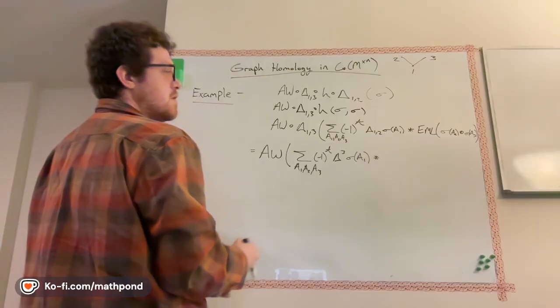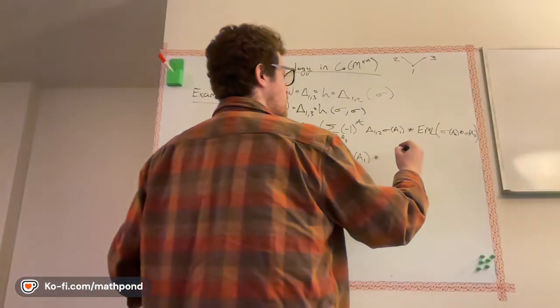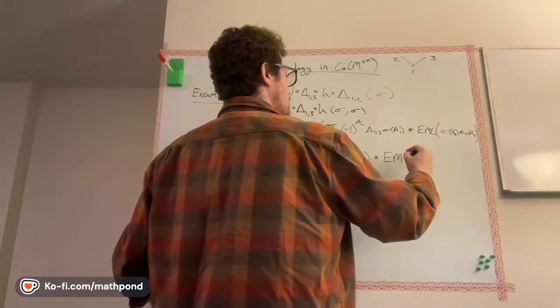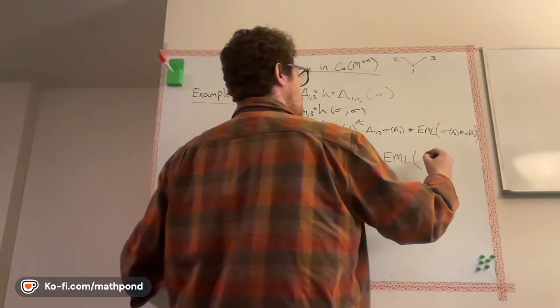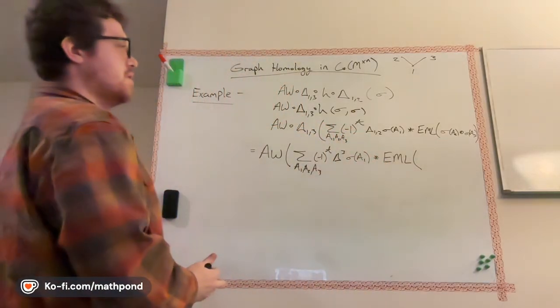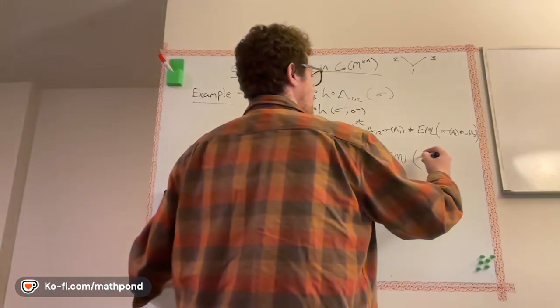How do I want to say this? So here this is EML of delta 1 to 3, so that applies to the first one.